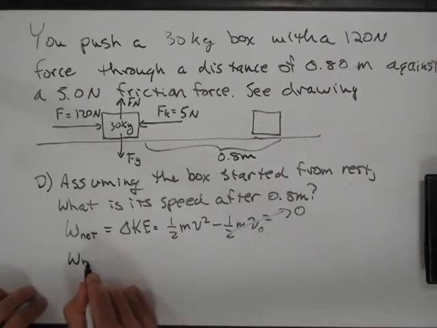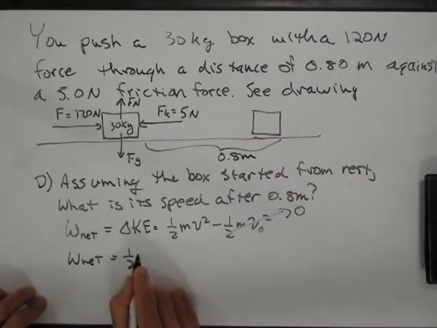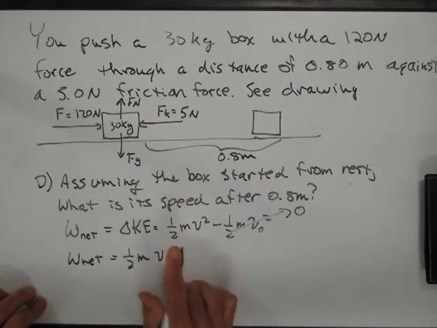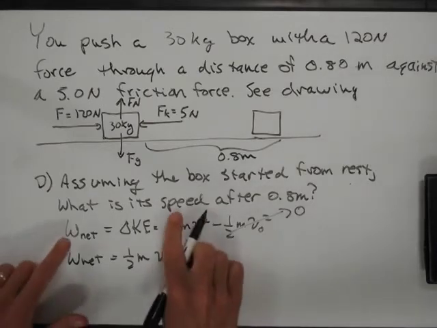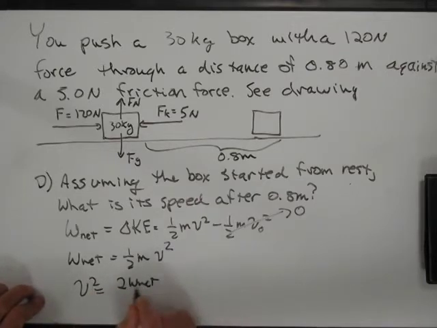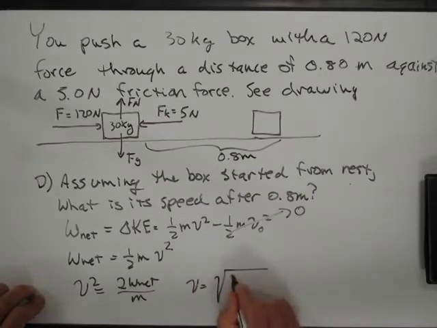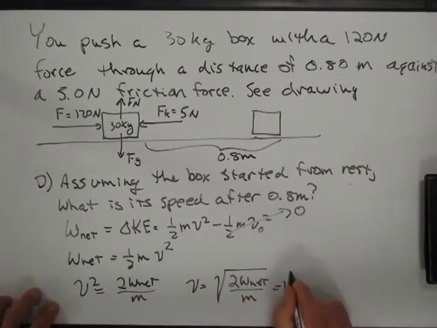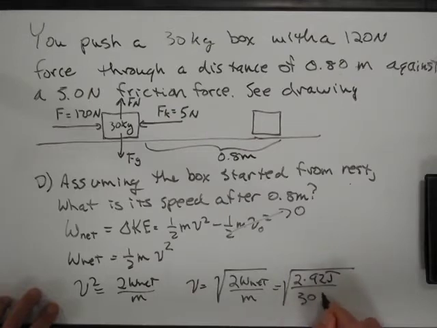And so W net is just equal to 1/2 mv final squared. They're asking us for v, the speed, and so if I solve for v squared, that's equal to 2 W net over m, or v is equal to the square root of 2 times the net work done over m, which is equal to the square root of 2 times 92 joules divided by 30 kilograms.